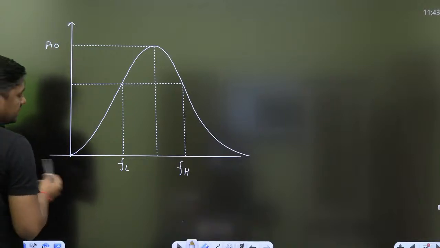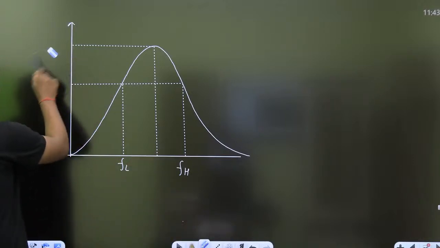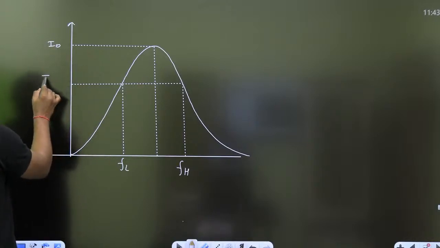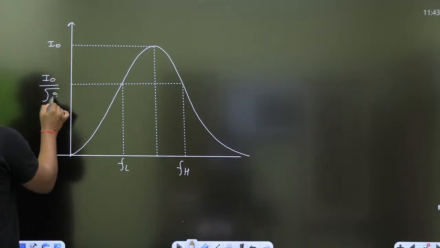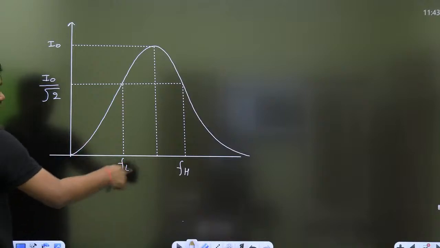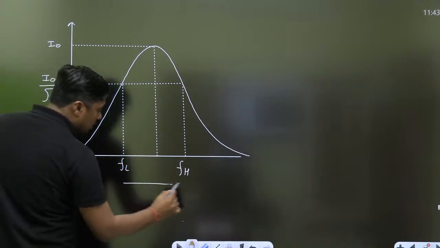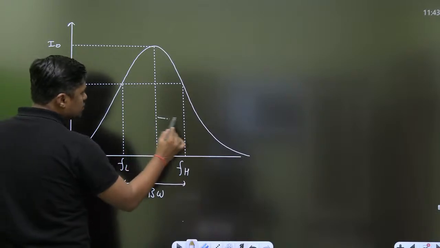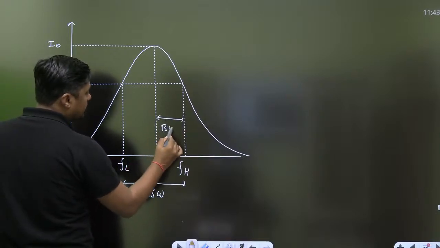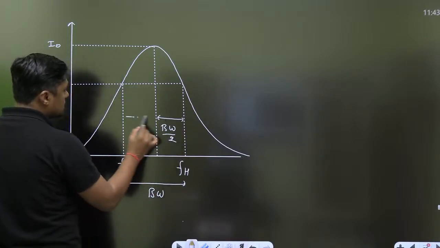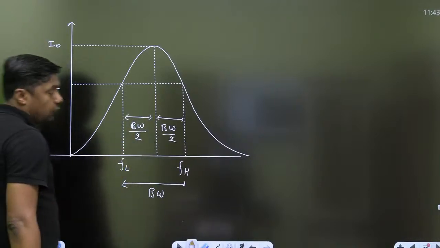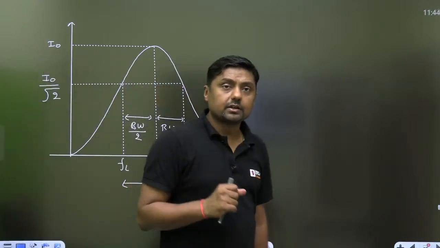In a resonance circuit we get the maximum current at this point, and at the cutoff points the current becomes 1 by root 2 of the maximum. This is called the 3 dB cutoff frequency, and the frequency range between them is called bandwidth. If the quality factor is very high, then this is exactly bandwidth by 2, on each side. It is symmetrical for a high quality factor.